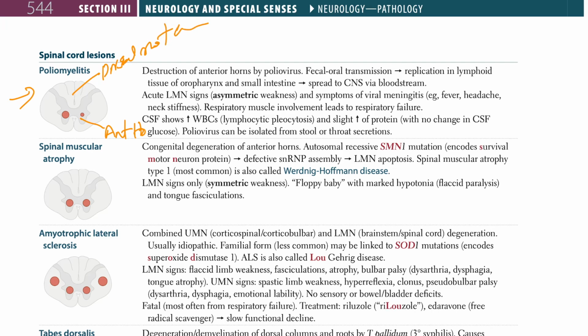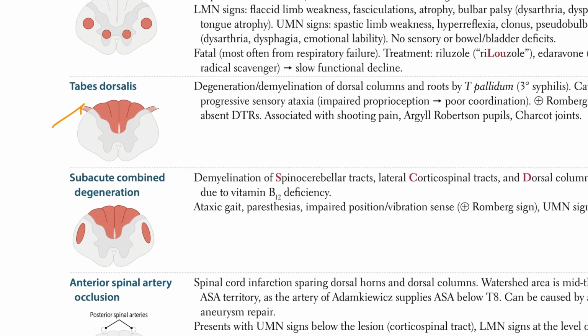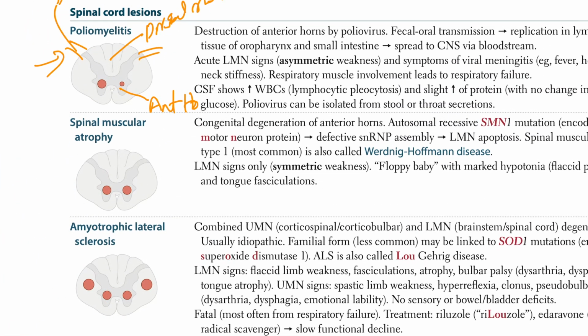And what is entering into the posterior horn is your dorsal column, which we will see in some of the lesions, for example, in tabes dorsalis. So this is the dorsal column. We have a couple more things.